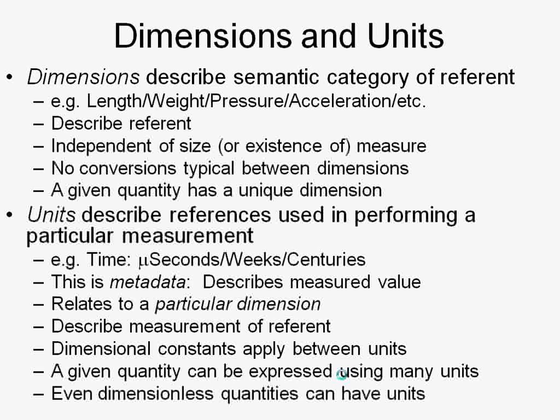So we have a quantity, and dimensions describe what semantic category this is. Is it a length? Is it some sort of pressure? Is it an acceleration? This abstracts away from the yardstick. We're not saying how we're measuring, in this particular yardstick or that yardstick. It's saying the sort of thing that it is.